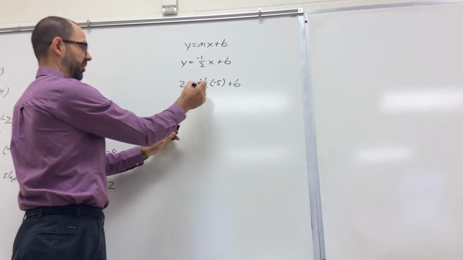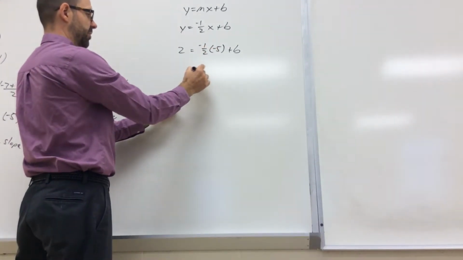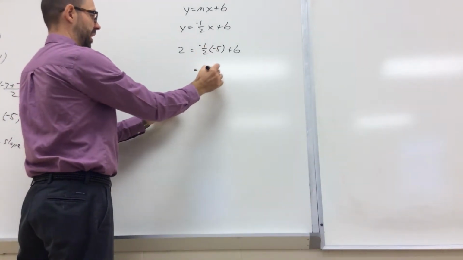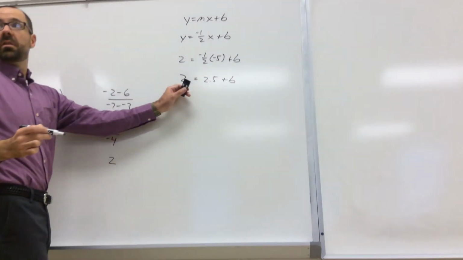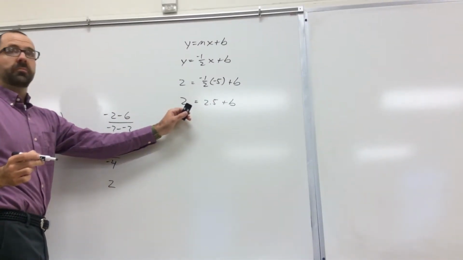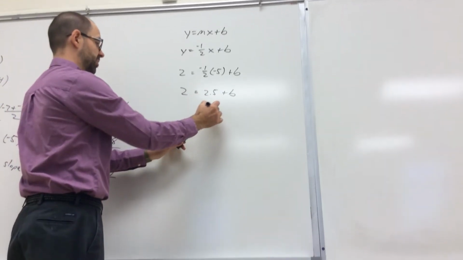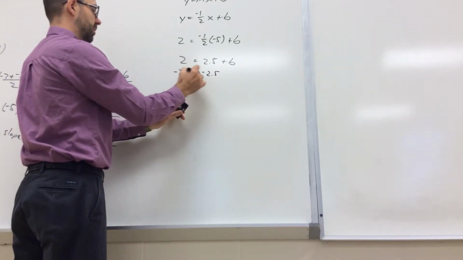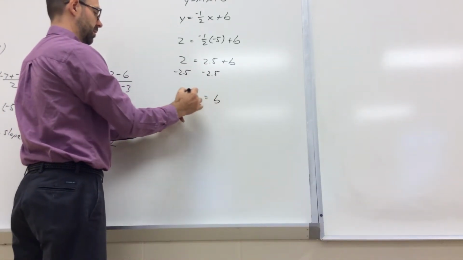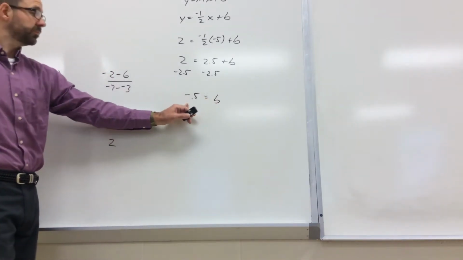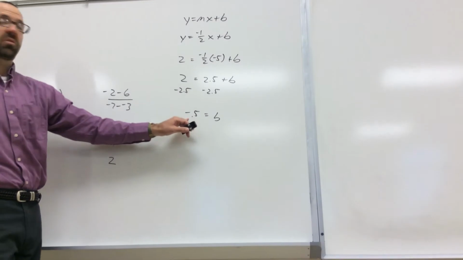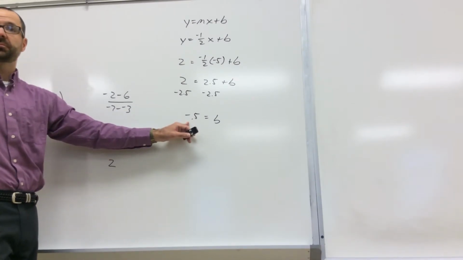So now I can figure that out. Negative 1/2 times negative 5 is 2.5. And then you subtract 2.5 on both sides. 2 minus 2.5 is negative 0.5.